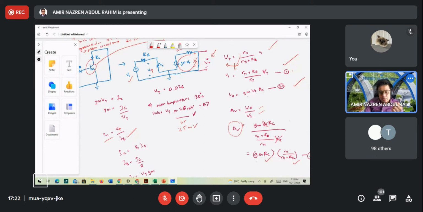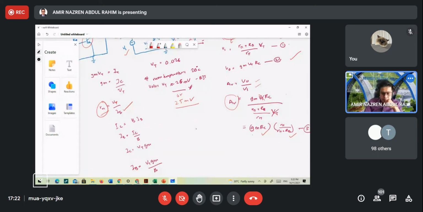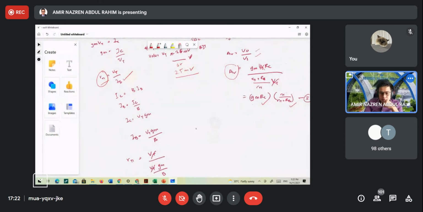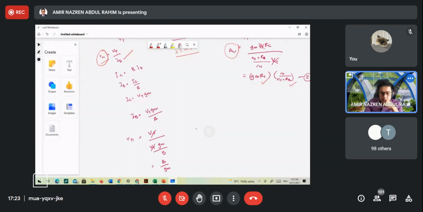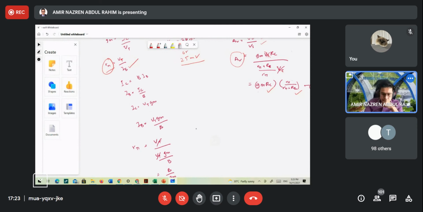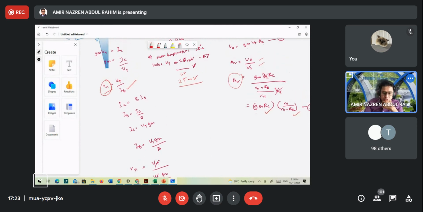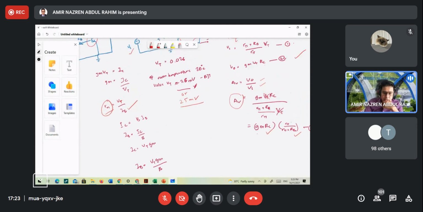So if you know the value of VT, then you can find the value of R pi, and then to find the value of GM, GM equals IC over VT.